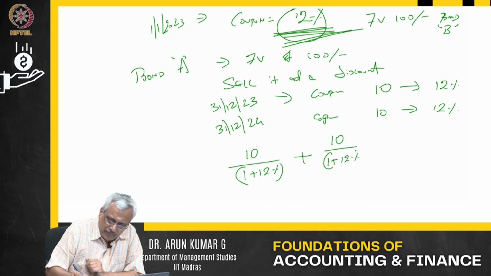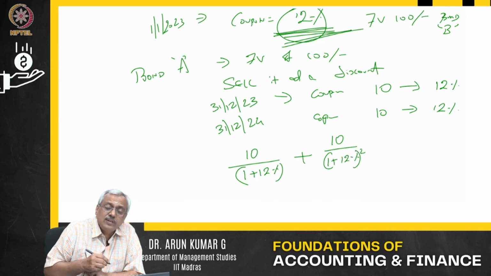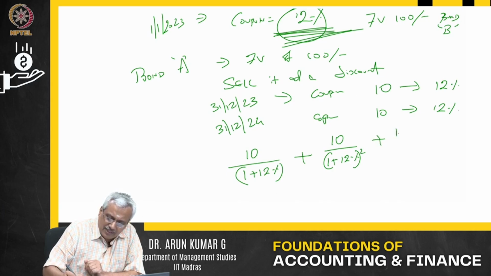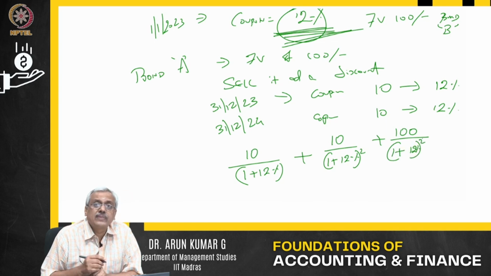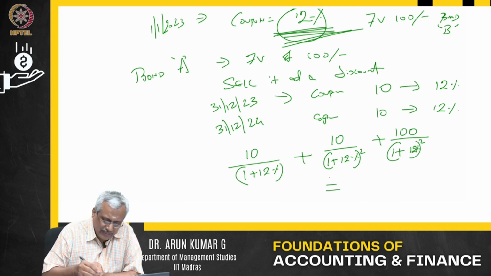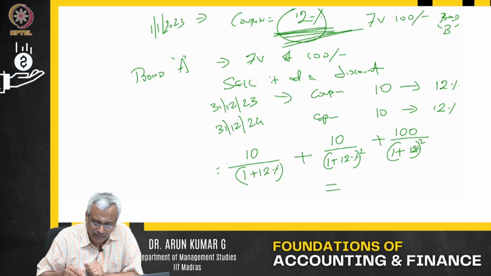The next $10 I get 2 years down the line, I will discount at 12% for 2 years. Plus the $100 I am going to get at the end of 2 years, I will also discount at 12% for 2 years. If you total this, this is the value, because my expected return is 12%.